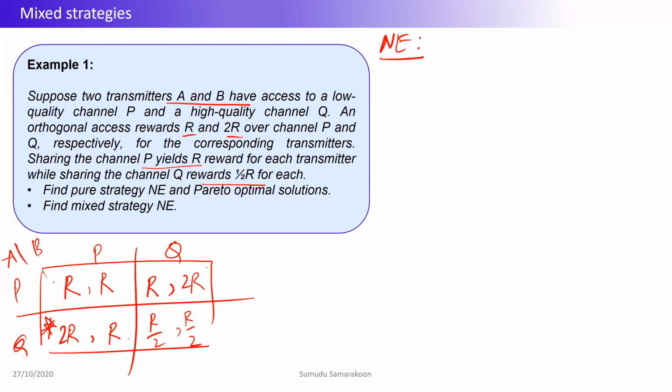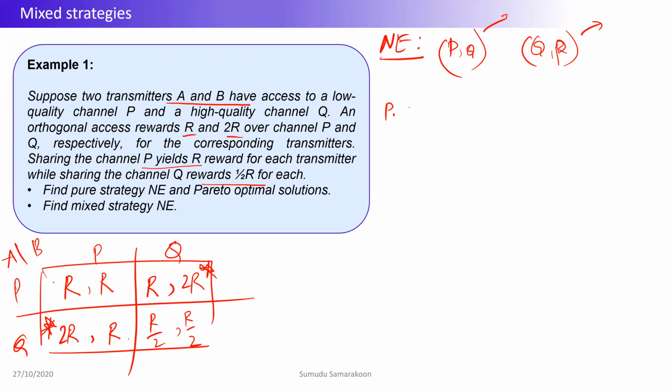And similarly, this one should be one of them due to symmetry, but this one, of course, is not. So two different strategies, PQ, QP, sorry, not RP, and the corresponding payoffs constitute Nash equilibriums in pure strategies.